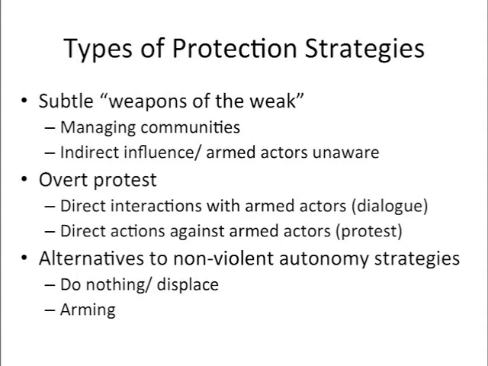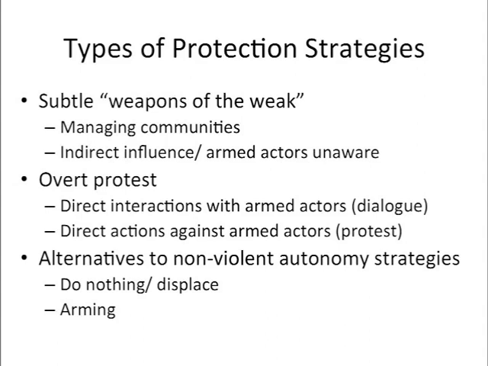Here I also need to mention some alternative strategies to these nonviolent autonomy strategies which I've documented. And these are civilians perhaps doing nothing or displacing. Civilians may not take any action, or the risks may be so great that civilians displace from an area.